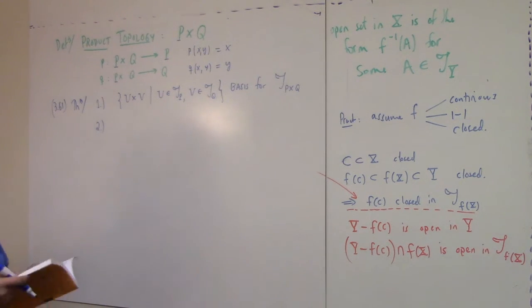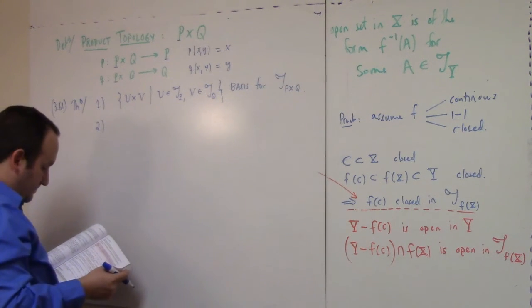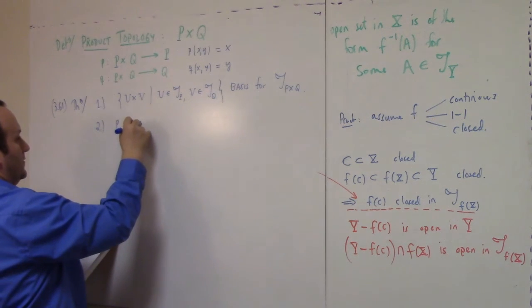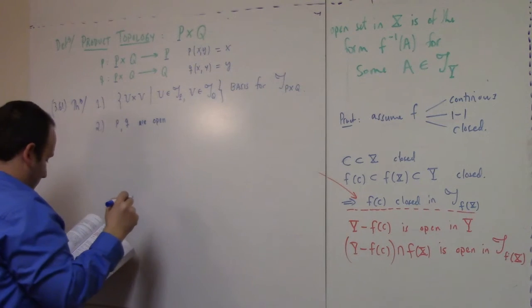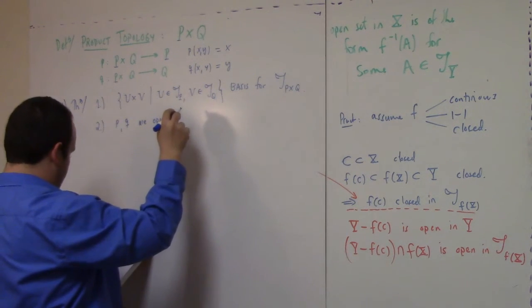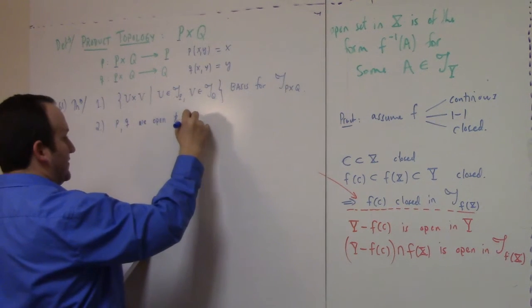Okay, so then 2, the projection maps p, q are open maps. And also, if you look at the restrictions, I'll write the first one down, you guys can easily write the second one once I write it.